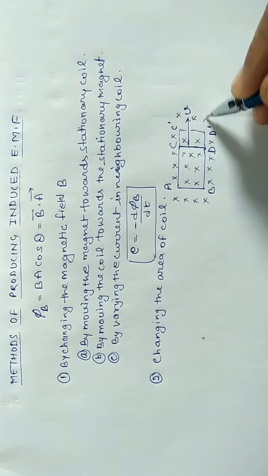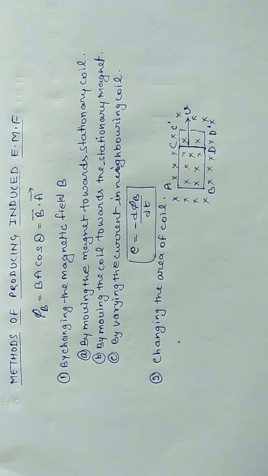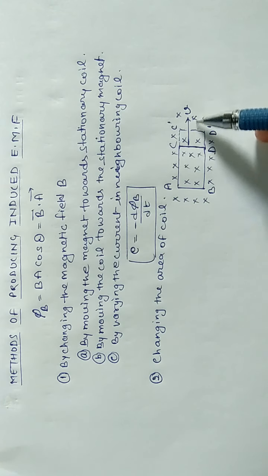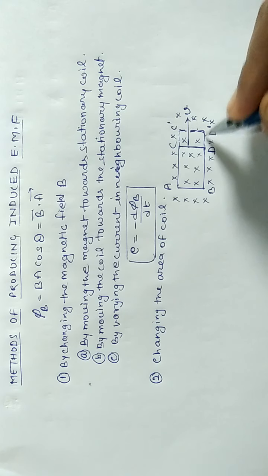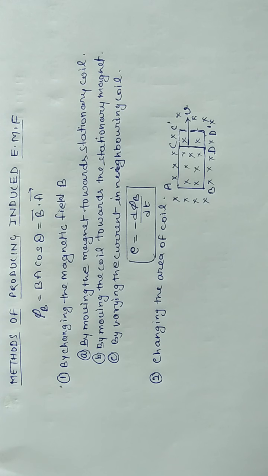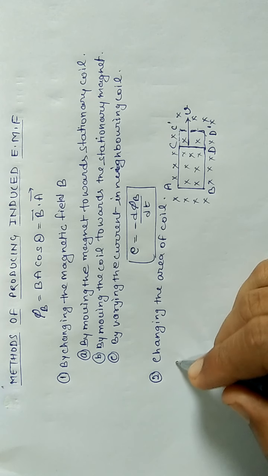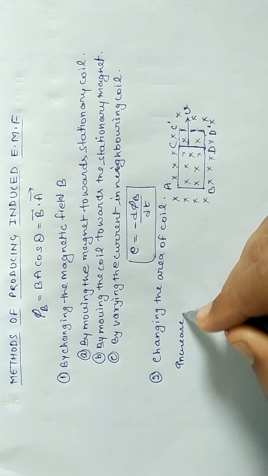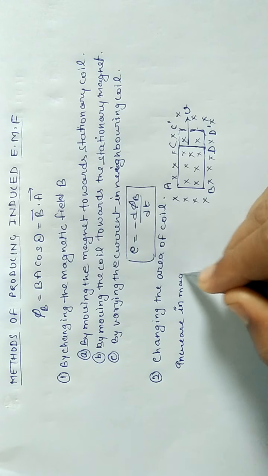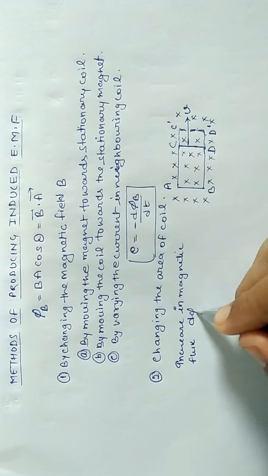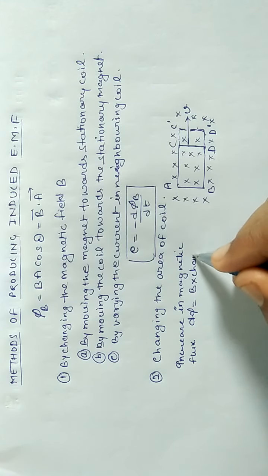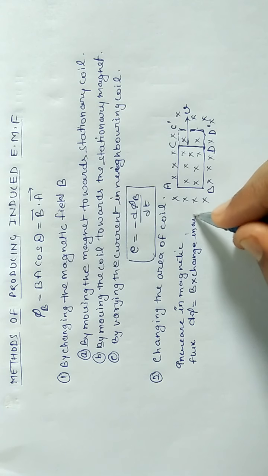As this CD moves, due to the motion of this conductor, it acquires a new position C dash D dash after a time interval dt. Then the increase in magnetic flux d phi is equal to B into the change in area.